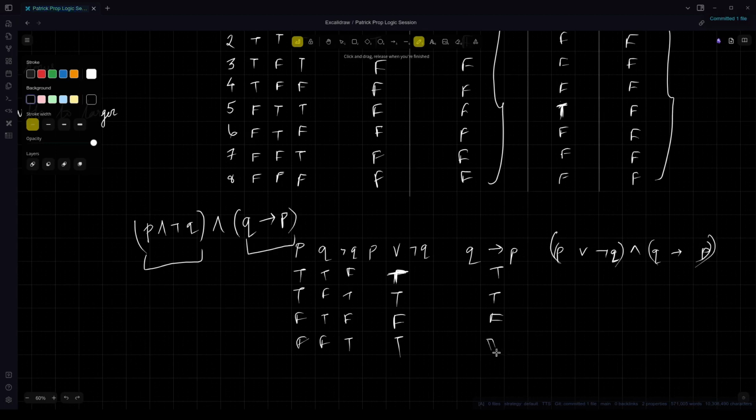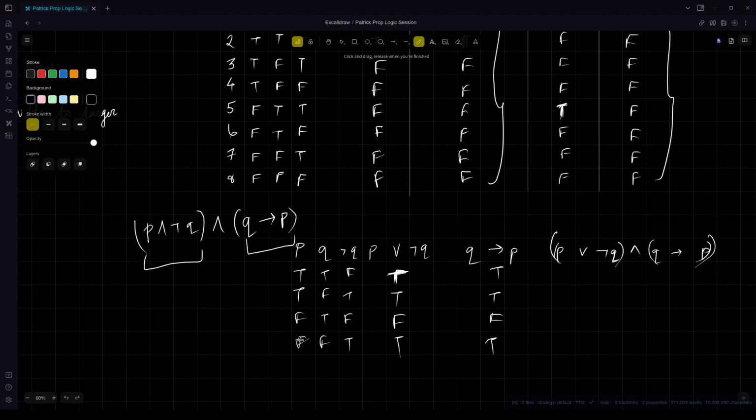Wait, they're both false, right? Q goes to P. Two falses. I can't remember in a conditional, two falses are a true, right? Yes. The only case when a conditional is false is when the antecedent is true and the consequent is false.